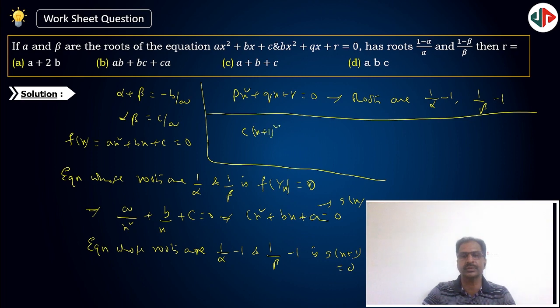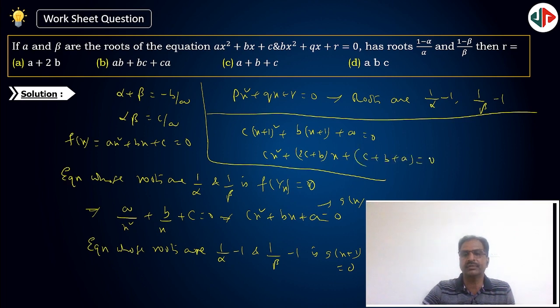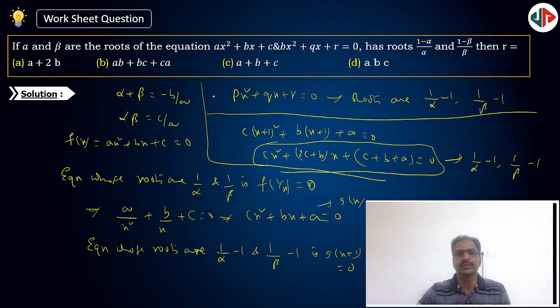So c into x plus 1 whole square, b into x plus 1 plus a. So this is cx square, 2cx plus bx, (2c plus b) into x, constant c plus b plus a. So this is the equation whose roots are 1 by alpha minus 1, 1 by beta minus 1. But this equation is given as px square plus qx plus r is equal to 0. And what is the value of r? By comparison, a plus b plus c, option C.